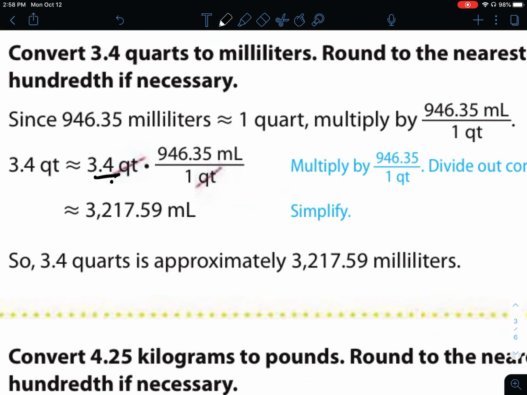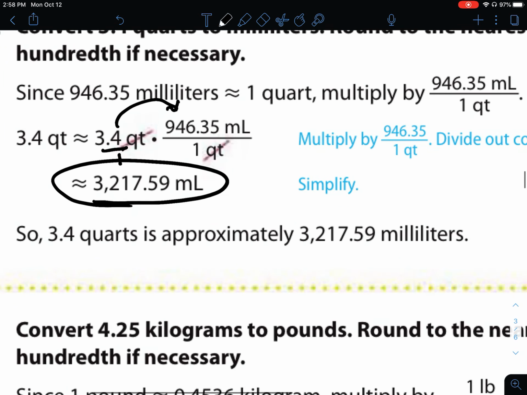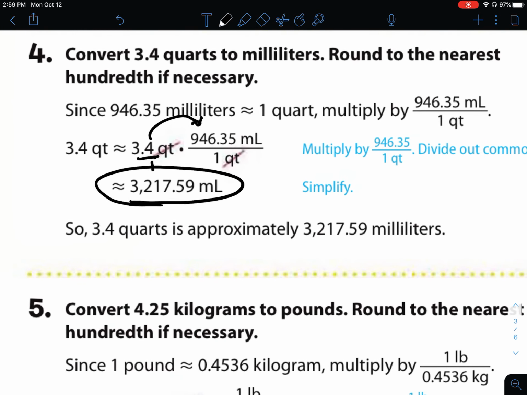So if I put a 1 here and I use the conversion factor, I multiply straight, use a calculator for my multiplication, round to the nearest hundredth, and this is what I get: 3,217.59 milliliters. So 3.4 quarts is approximately 3,217.59 milliliters.